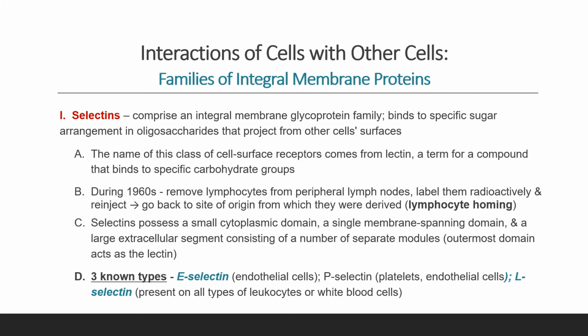Selectins possess a small cytoplasmic domain, a single membrane-spanning domain, and a large extracellular segment consisting of a number of separate modules, the outermost domain of which acts as the lectin. There are three known types: E-selectin, usually found in the endothelial cells; P-selectin, found in platelets and endothelial cells; and L-selectin, which is present on all types of leukocytes or white blood cells.